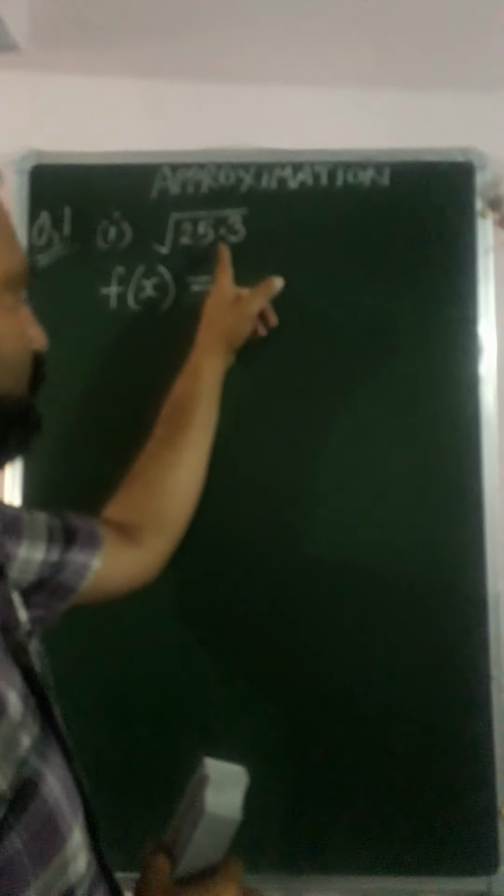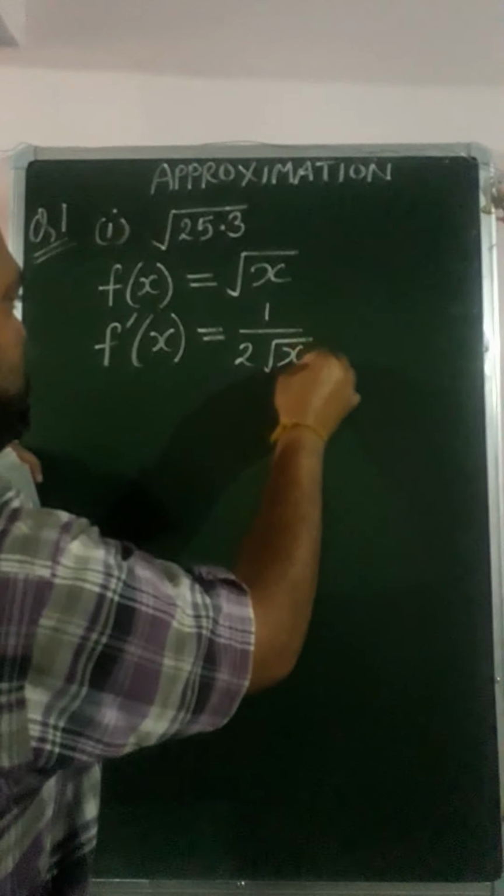As you know, firstly you have to take the function f(x). f(x) is considered according to the question, so f(x) is root x, so that its derivative is 1 upon 2 root x.